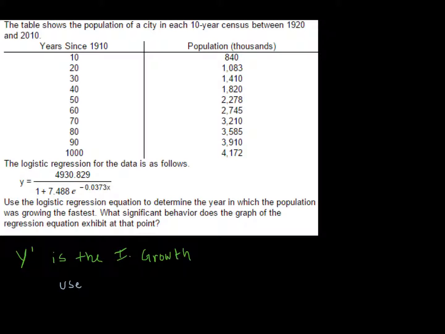So we'll use y double prime and the first derivative test to find the max of y prime. Alright, so with that being said, we now need to go find the first and second derivative of our logistic regression equation.